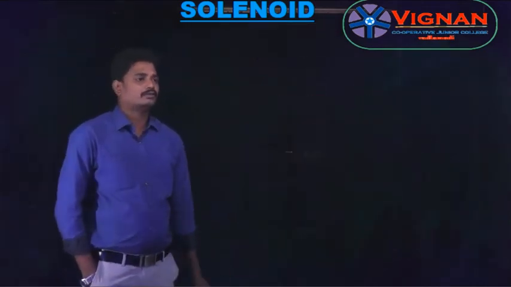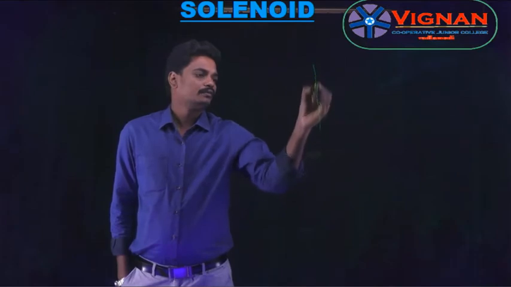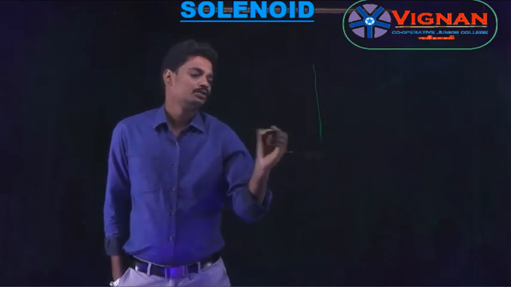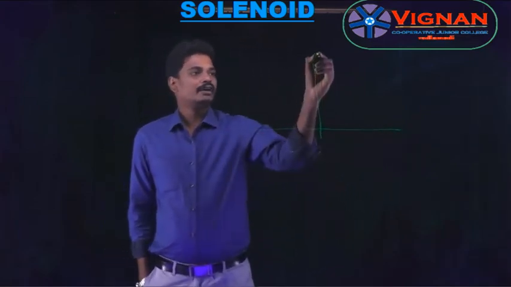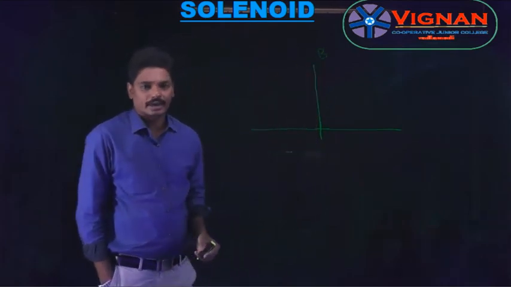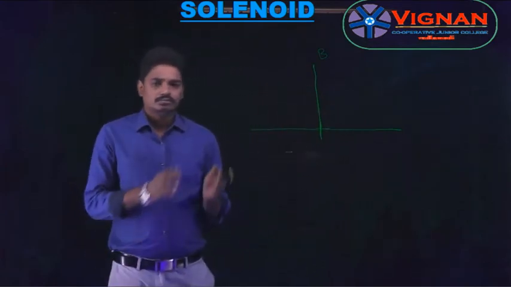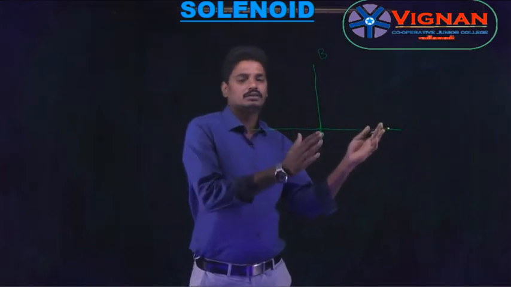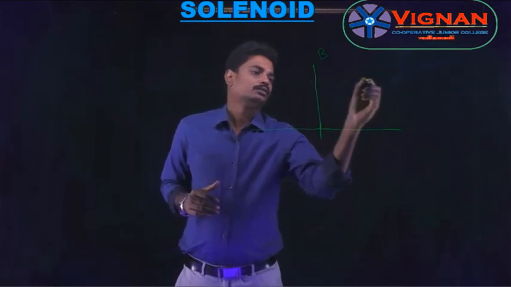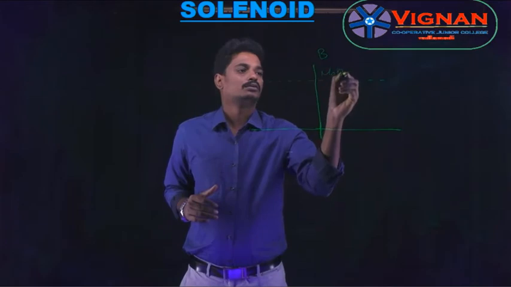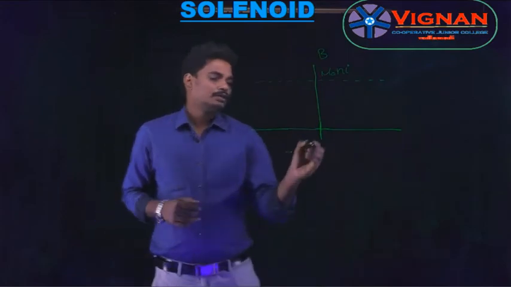On the x-axis, let us take the point P, and on the y-axis, let us take the strength of the magnetic field B. If we consider the solenoid of infinite length, then the magnetic induction is maximum and constant, that is, B is equal to mu naught Ni. Next, at the midpoint, it is maximum.